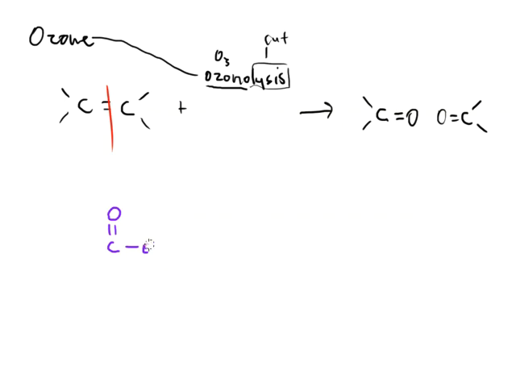Well, we don't have the OH here this time. We just have the C double bond O in each one of these cases. We have a term that we use to describe this relationship, and we call this a carbonyl. That is a carbonyl functional group.